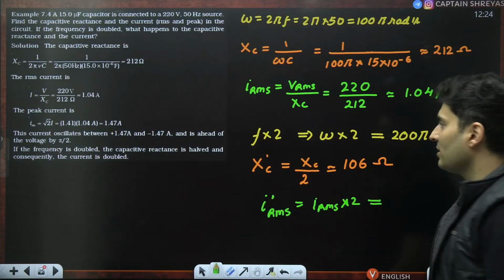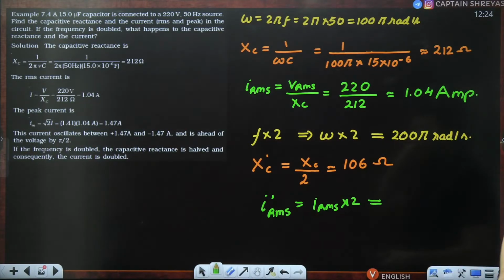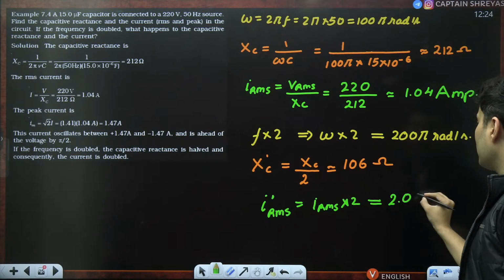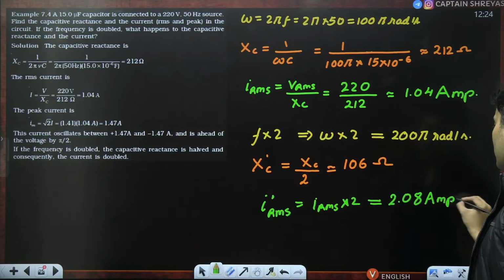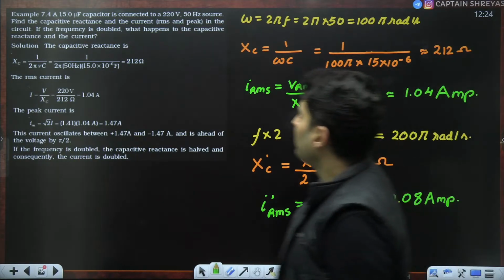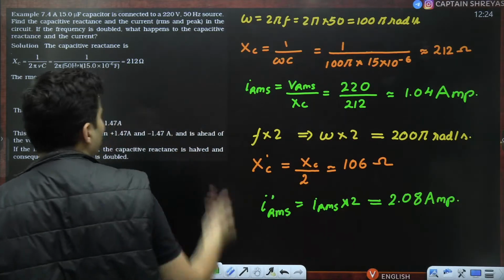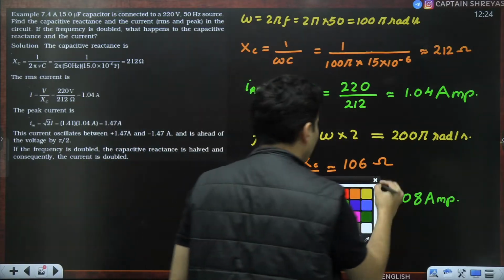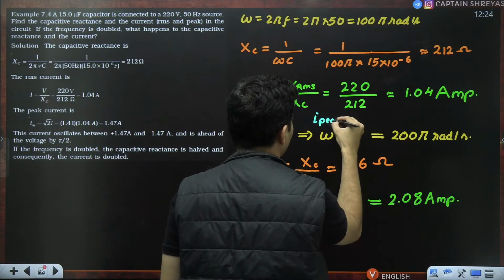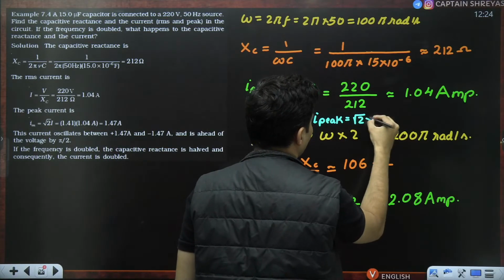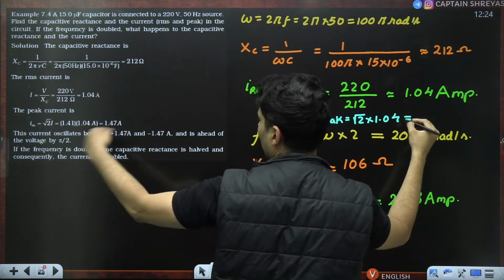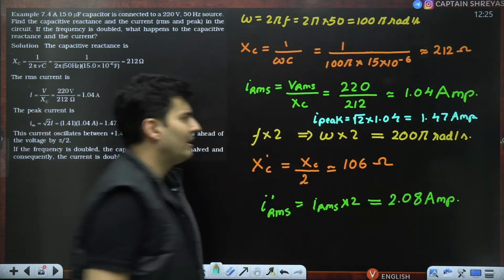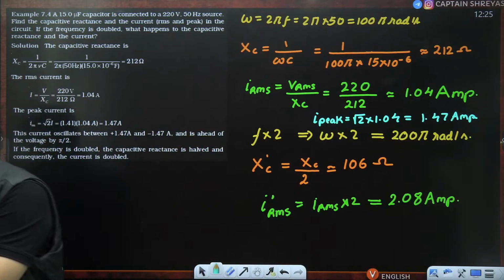So it will become 2.08 amperes. They have also asked what the peak is. You can easily calculate it. If the peak current was asked, it will be root 2 times 1.04. They have calculated it to be 1.47 amperes if the maximum value was asked. That also you can do.